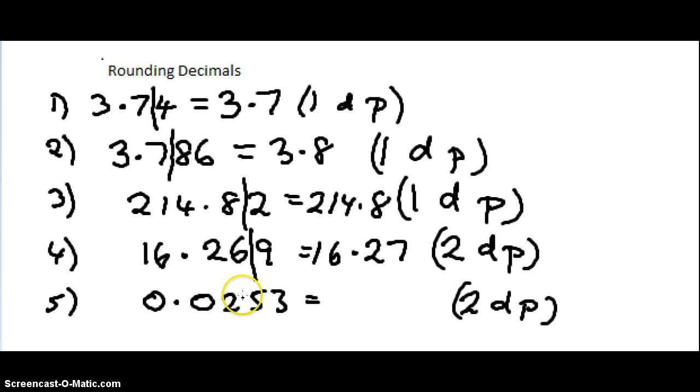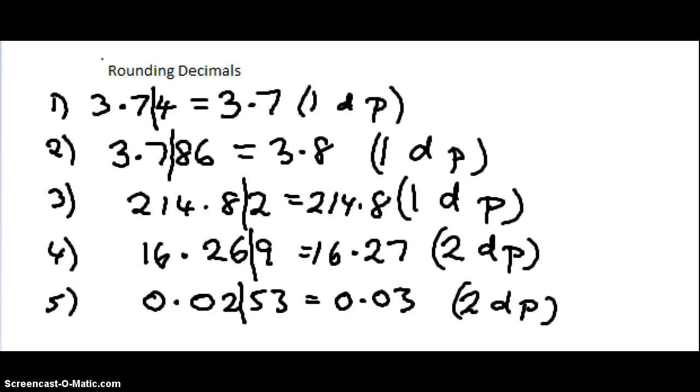So again we'll put our line after the 2 decimal places position, and we notice because the next number after the line is a 5, we've got to decide whether to round the 2 up to 3 or leave it as it is. We assume that if we have a 5 we will round up, so this time the answer will be 0.03.